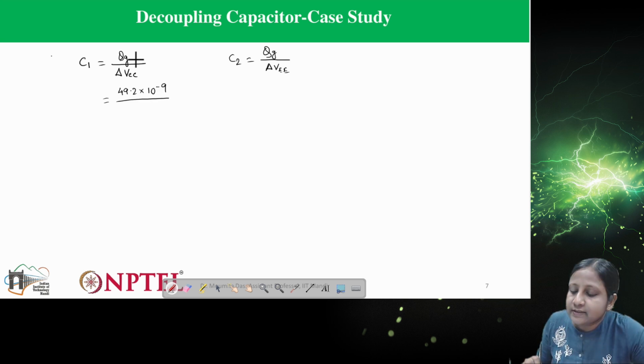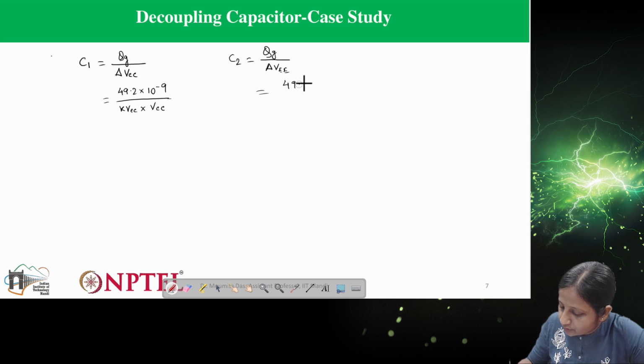And delta VCC, it is always advisable to have 1%. So generally we have K VCC multiplied by VCC, where K VCC we can consider as 1% of the VCC.